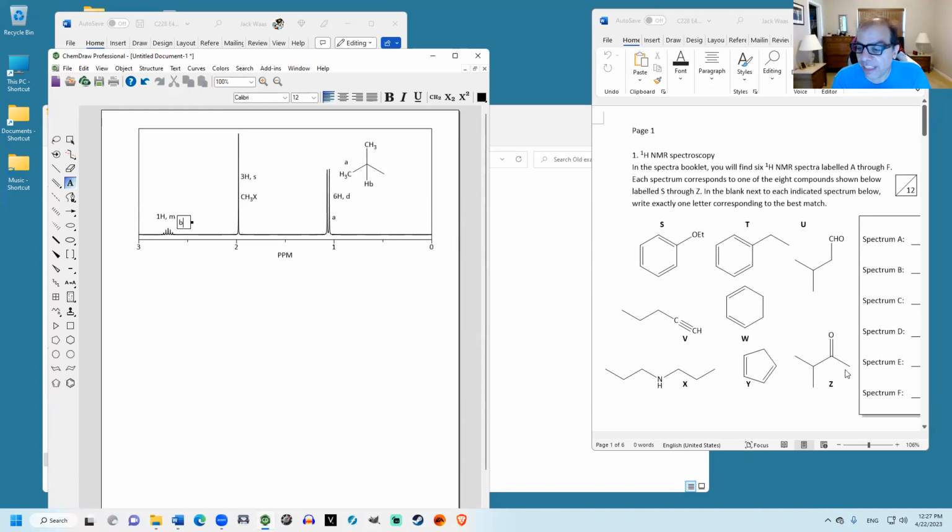And of the two, I think Z matches better because Z is a CH3 attached to C double bond O. And then on the other side of the C double bond O, we have our isopropyl group.